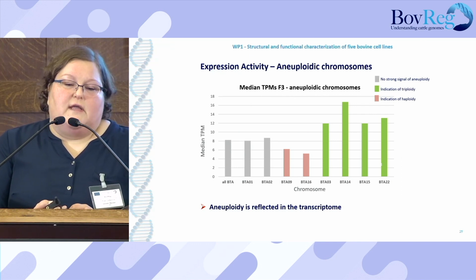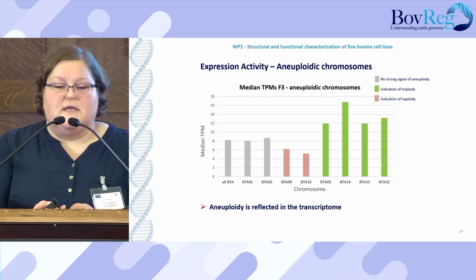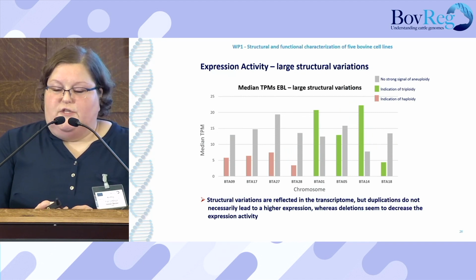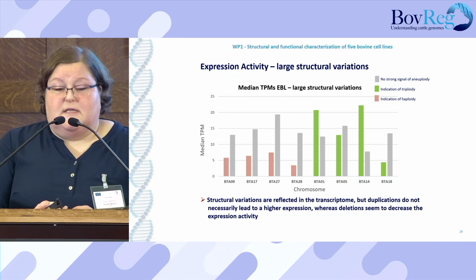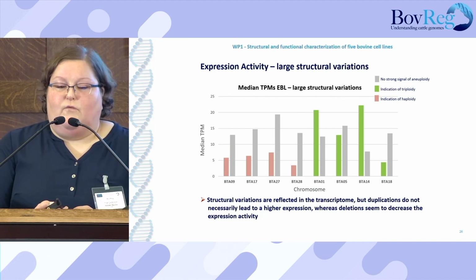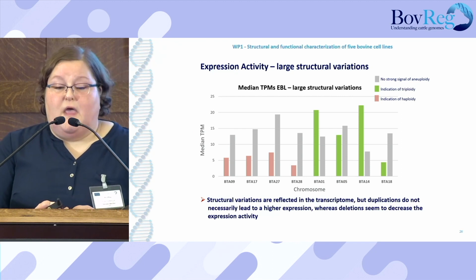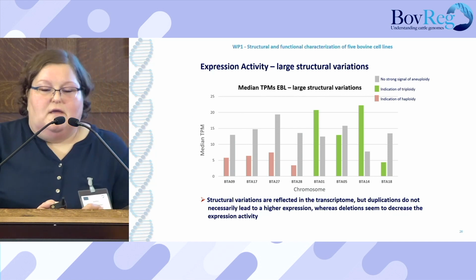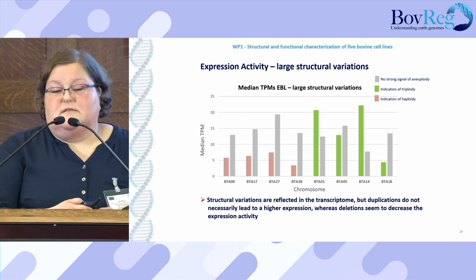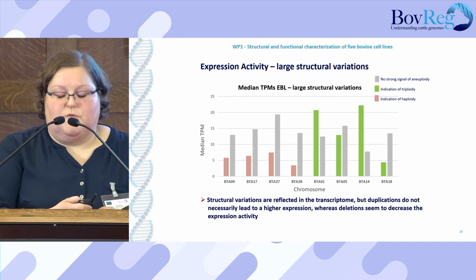We then looked at those chromosomes that had partly structural variations, and plotted the region that had a ploidy change in comparison to the diploid region. What you can see here as well is that the regions that were haploid showed a lower median TPM, and they showed less expression in the region, but that is not so clear for the triploid chromosomes or the triploid chromosomal regions.